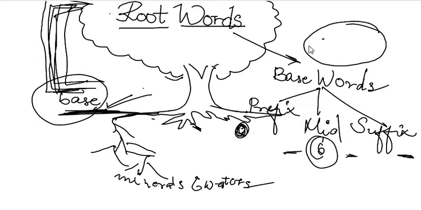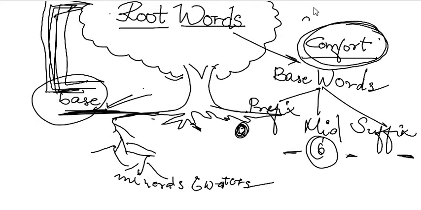For instance, there is a word comfort. If this is comfort, it means it's comfortable, you are able to sit there, it's relaxing. But if I add dis to this word, it becomes discomfort.